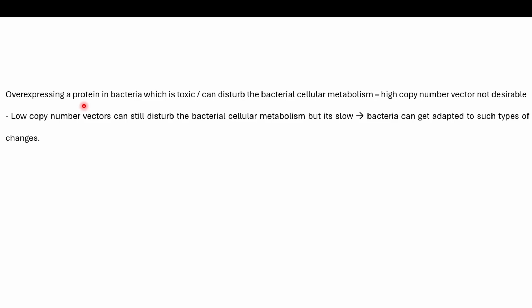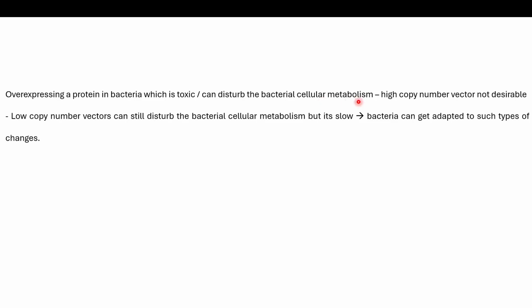That protein might be toxic for the bacterial cell, or because it is a foreign protein altogether, right? And on top of that, we are trying to overexpress that protein. So that protein can disturb the bacterial cellular metabolism as well. It can be a burden for the bacterial metabolic pathways.